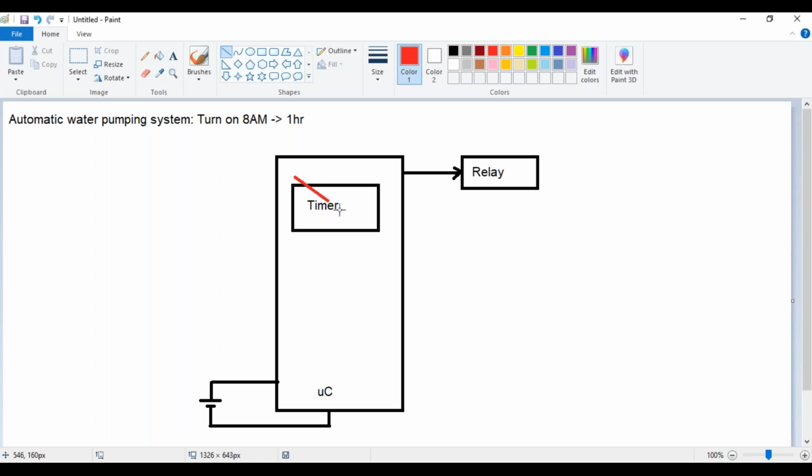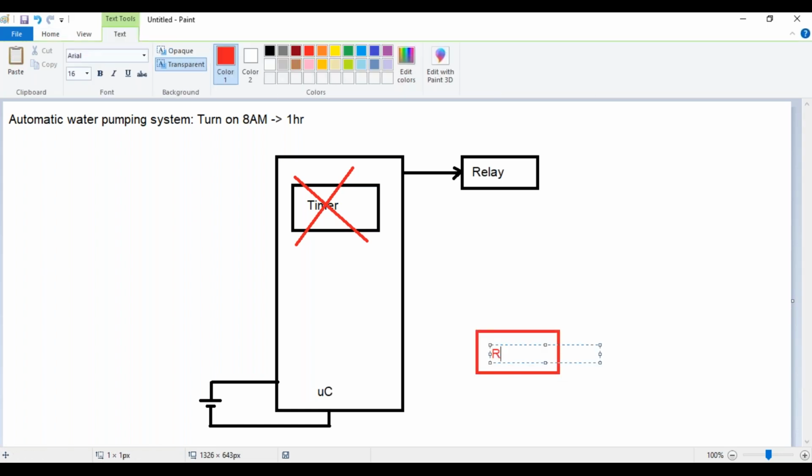Now, I have to offload the work of the timer. Offload in the sense that you just have to make it free. You have to let the microcontroller be itself. So, instead of using the built-in timer of the microcontroller, you are going to make use of RTC, which stands for real-time clock.